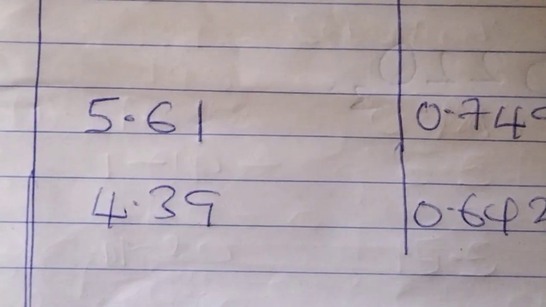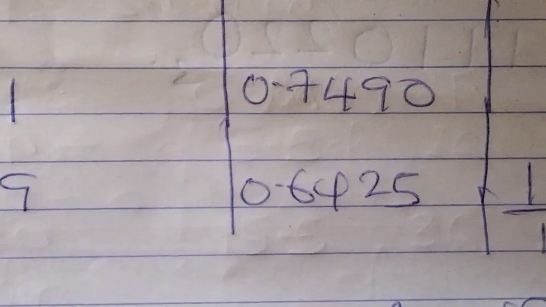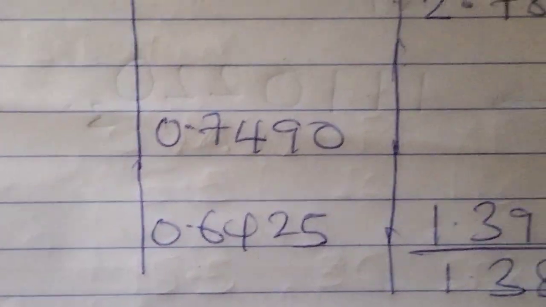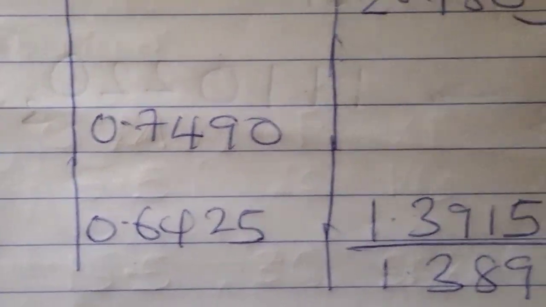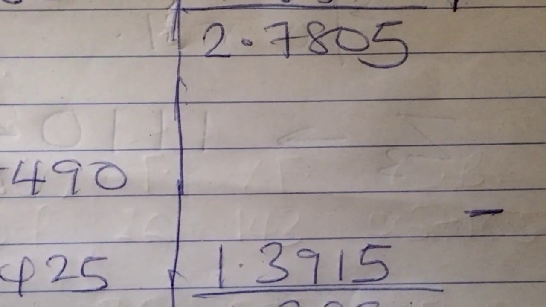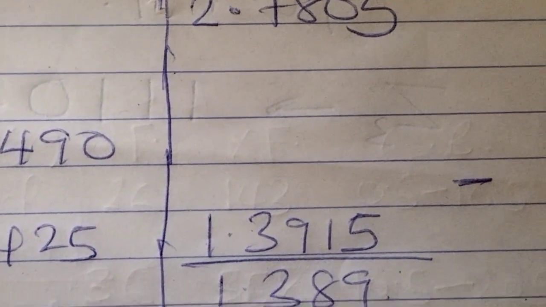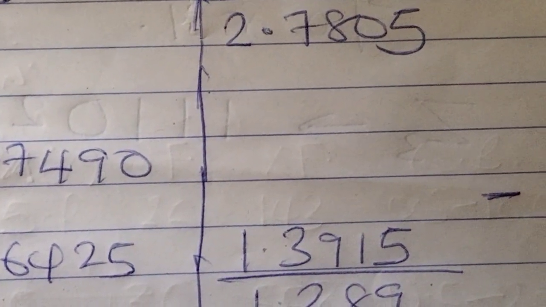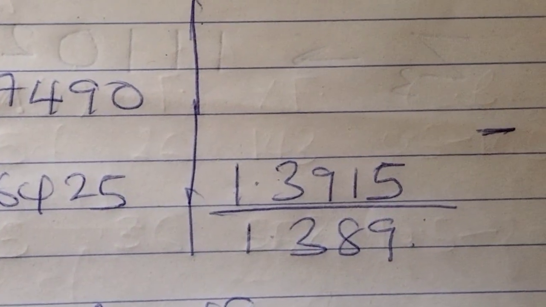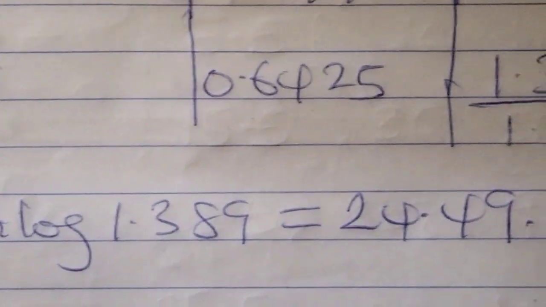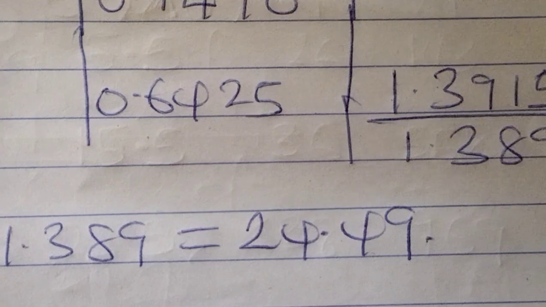Then the other value, the denominator 4.39, the value of the log is 0.6425. We'll add these two values and we'll get 1.3915. So now we have 2.7805 minus 1.3915, and that will give us 1.389. So the anti-log of 1.389 gives us 24.49.